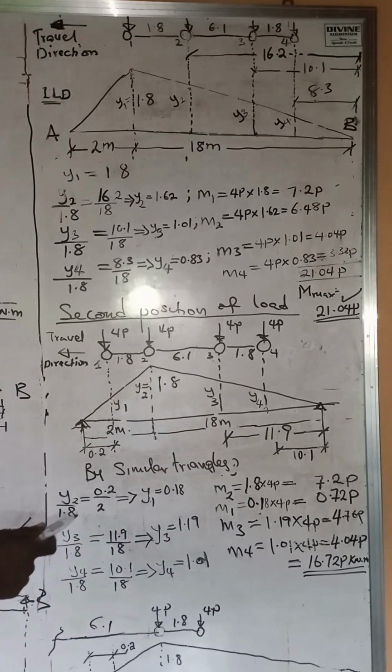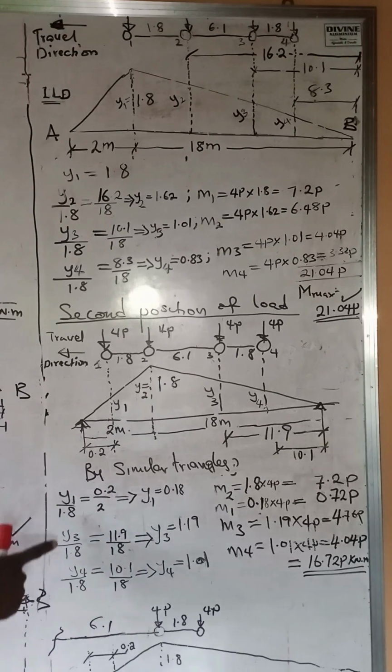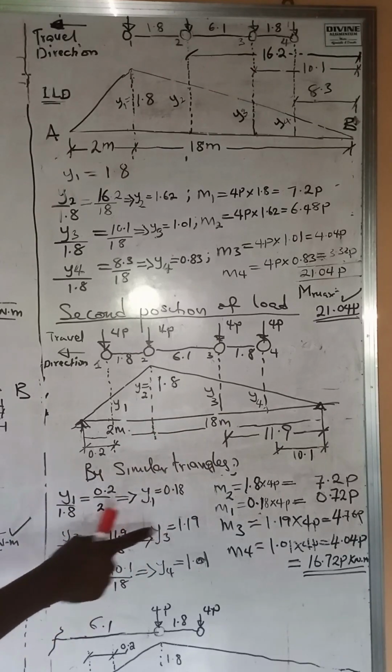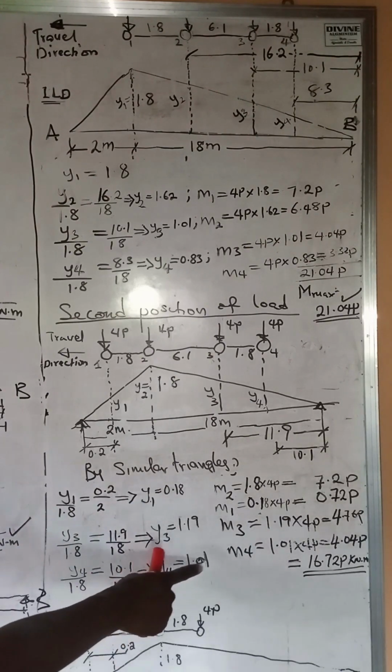So by similar triangle, we're going to have y1 over 1.8 equal to 0.2 over 2. That will give us y1 to be 0.18. Similarly, y3 over 1.8 equal to 11.9 over 18. That will give us y3 to be 1.19. Similarly, we do the same thing for y4. We'll have 1.01.